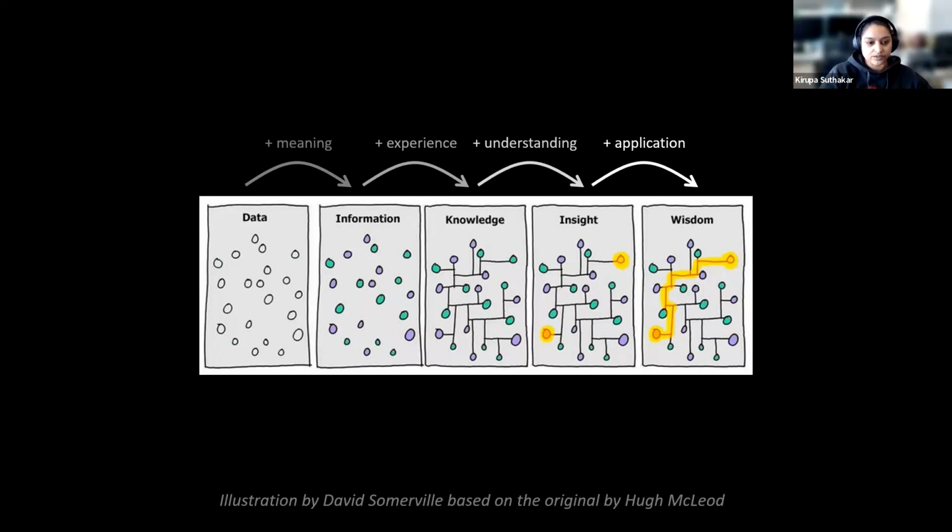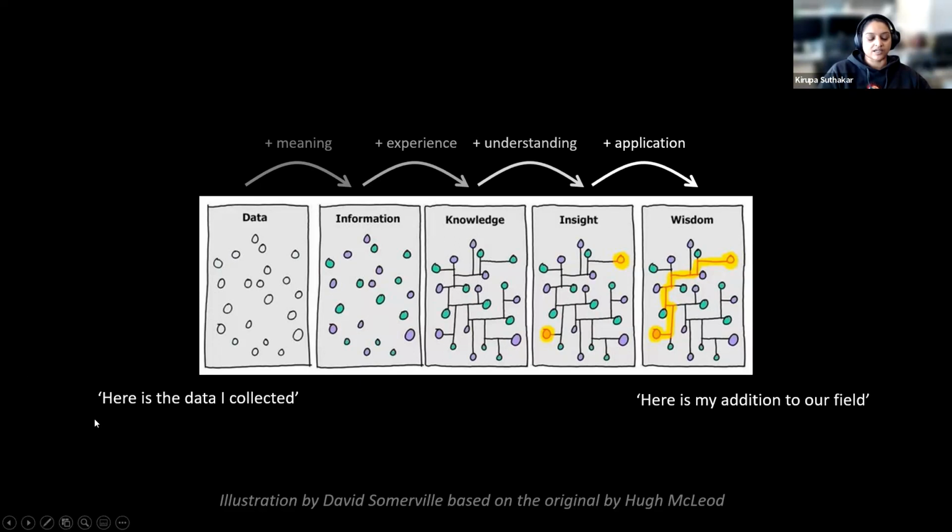And what we want to do is to get ourselves as scientists out of this space where we think about presenting our data as, here is the data I collected. And we want to move more into the space where we can say, here is my addition to our field. So being really mindful of what it is we're trying to communicate rather than just staying in our heads about our own data.